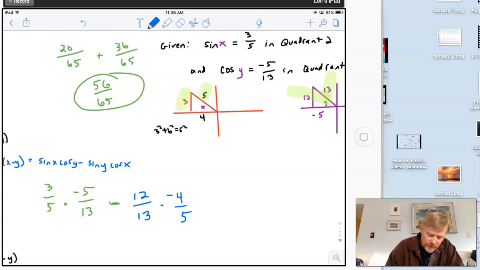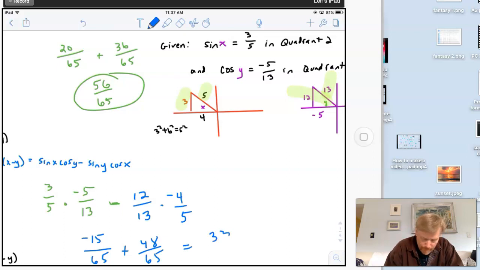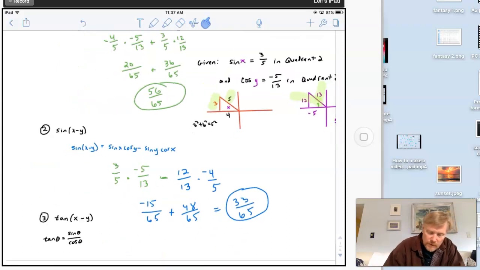And then if I multiply these together, I get negative 15 over 65 minus, actually that'll be a plus because there'll be a subtraction and a negative, 48 over 65. And if I add those together, I get 33 over 65.